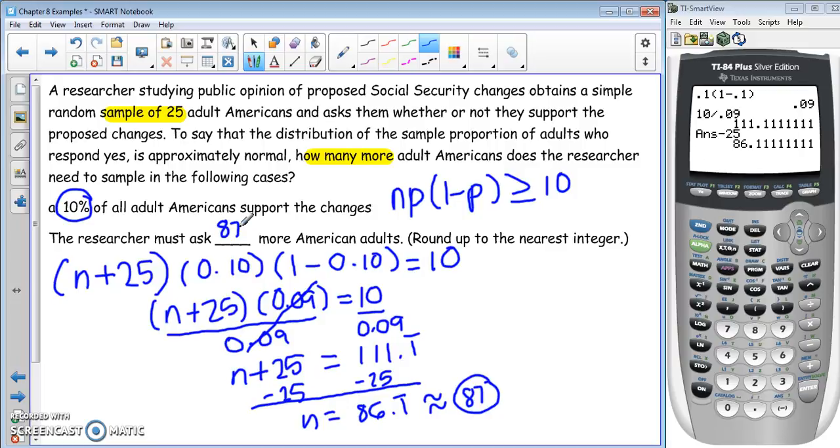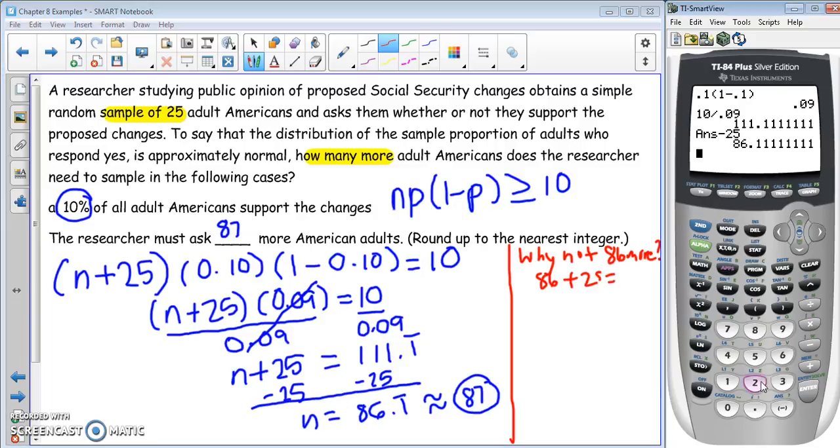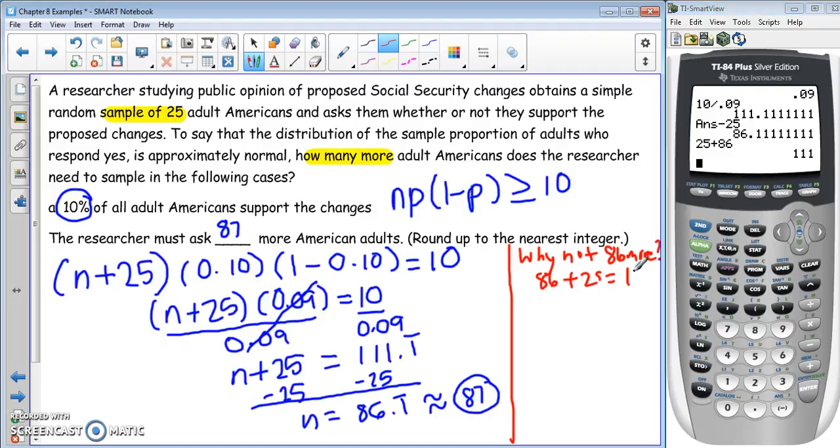So let's look at why we couldn't use 86 for a second. Over here, why 86 doesn't work. So 86 plus 25, because we've already sampled 25, gives us 111 people.